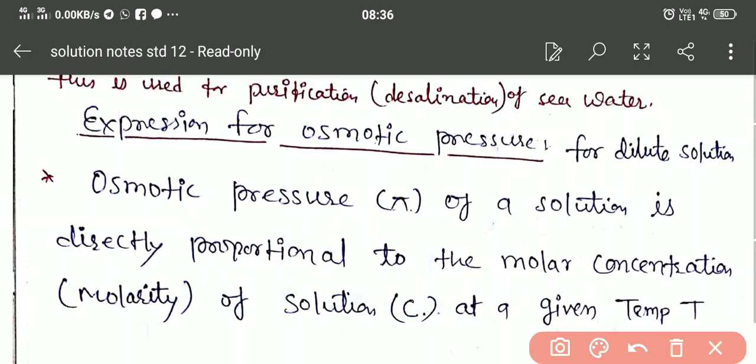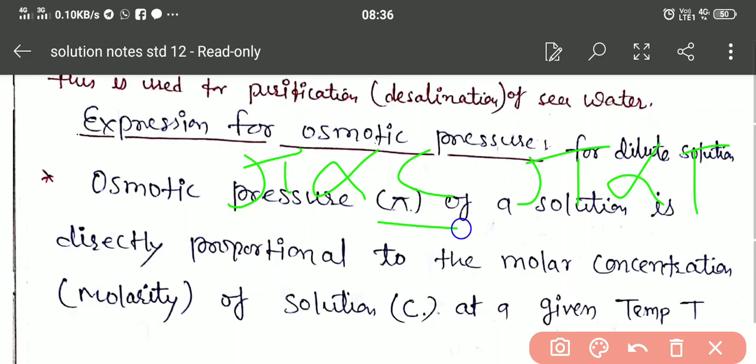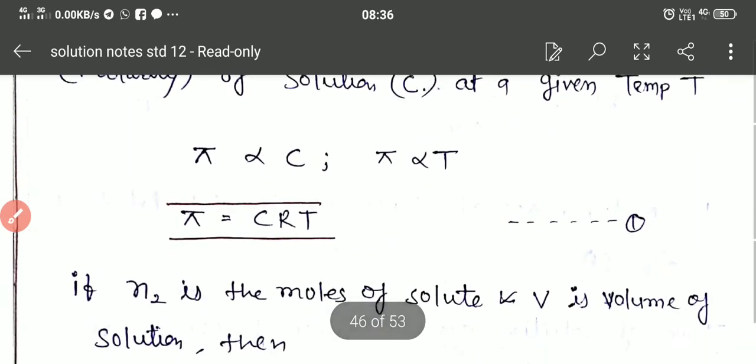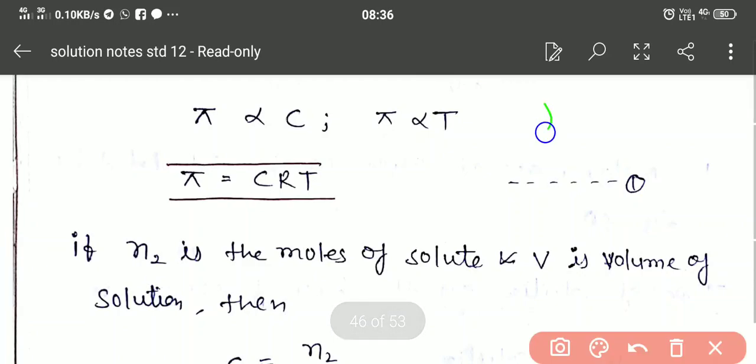So pi is proportional to C and pi is proportional to T, meaning the osmotic pressure of any solution is directly proportional to the concentration of the solution at a given temperature, meaning it depends on concentration and temperature. So in general we can write pi proportional to CT.